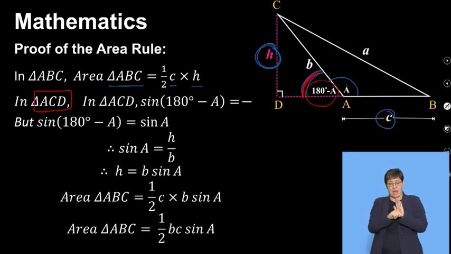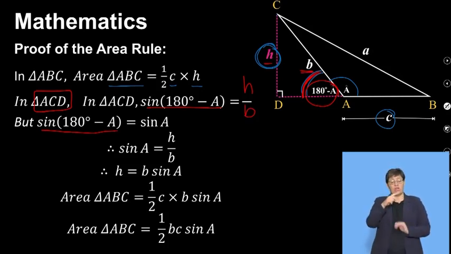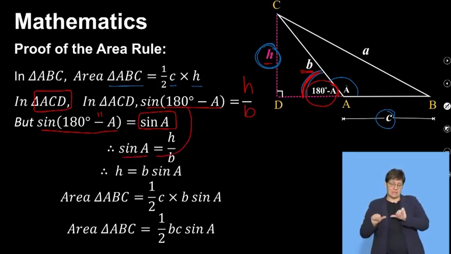So sine of 180 degrees minus A will equal opposite over hypotenuse, so H over B. Our opposite was H, and our hypotenuse in this triangle was B. And then we have to remember that, from our trig rules, because this is the second quadrant, sine of 180 minus A is just equal to sine of A. So nothing changes from here onwards, because I can replace this with sine of A, and we retain this H over B on this side.